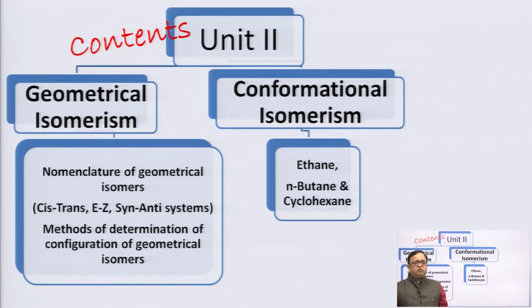Simultaneously, we have to see the various methods that are used for the determination of configuration of geometrical isomers. In part 2, we have to study about the conformational isomerism with reference to ethane, n-butane and cyclohexane.